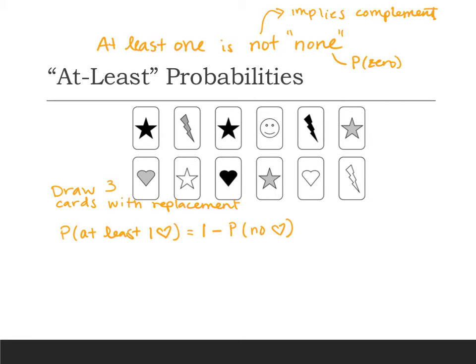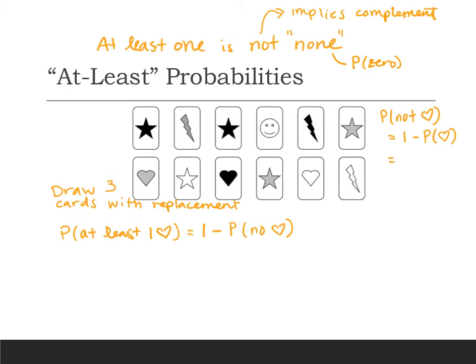Well, I'm going to have to use the complement rule repeatedly. So no hearts means that all 3 cards are not a heart. So the probability of not a heart is going to be 1 minus the probability of it being a heart.